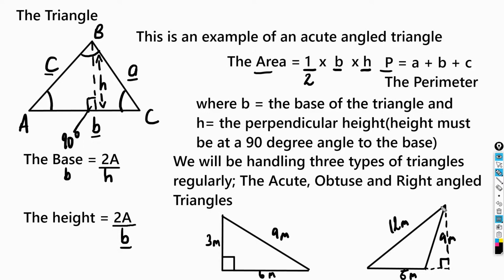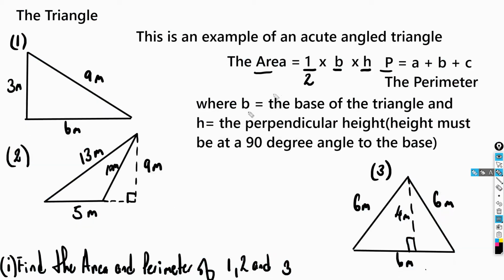So even though this side is equal to 9 meters, the height may be 8 meters. Many times in the questions, they don't even give you this 9 meters. They just give you the perpendicular height, and you have the base already, and you're supposed to find the area using the base and the height. Sometimes they give you the 3 sides and ask you to find the area, but we will eventually go into that. So let's do some examples now.